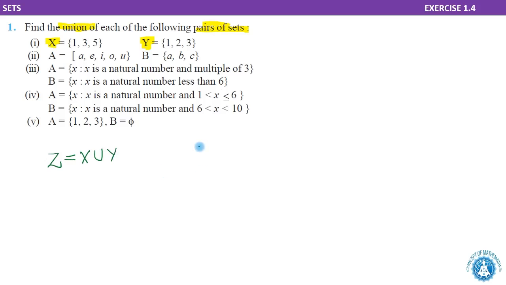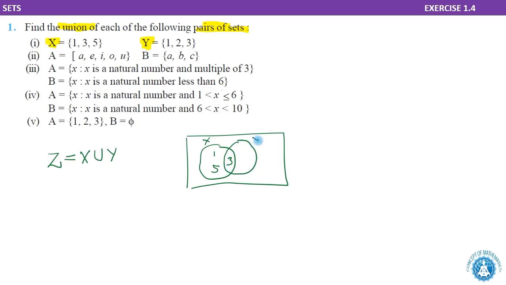If we represent this by a Venn diagram, definitely we will study the Venn diagram in detail in the next chapter. I am just giving an example here. X is a set with elements 1, 3 and 5. Y is a set with elements 1, 3, 2.